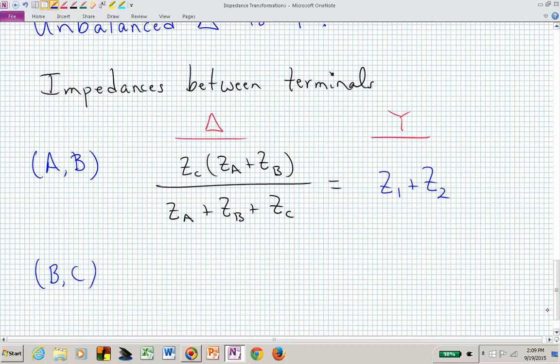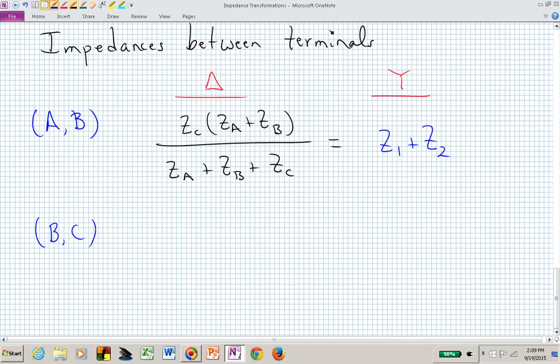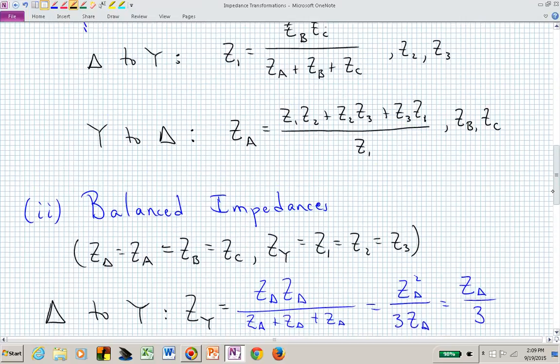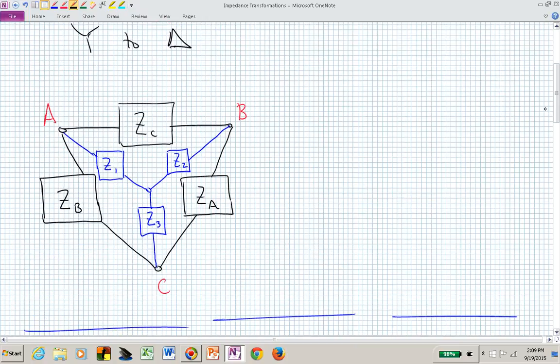If we do the same thing between B and C, we actually see that Z_A is now in parallel with the sum of Z_B and Z_C. And the impedance in the Y configuration between B and C is just the sum of Z_2 and Z_3.